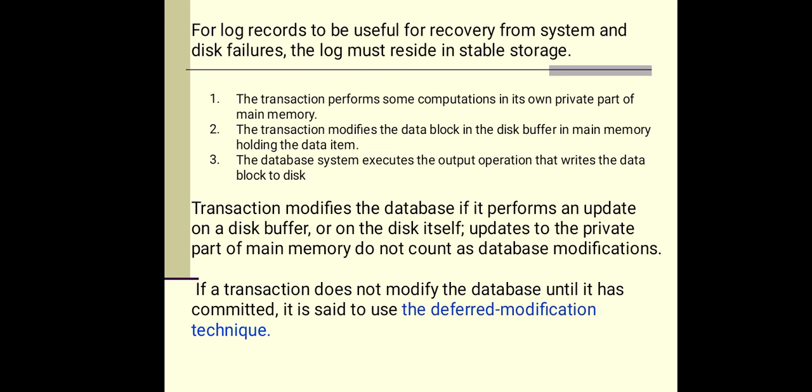The transaction modifies the database if it performs an update on a disk buffer or on the disk itself. Updates to the private part of the main memory do not count as database modification. If the transaction does not modify the database until it has committed, it is said to use the deferred modification technique.